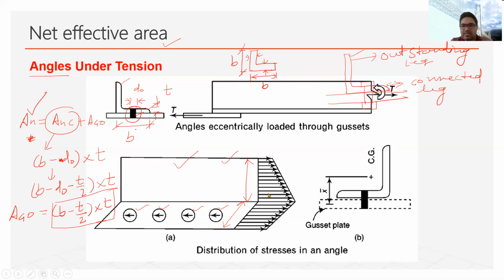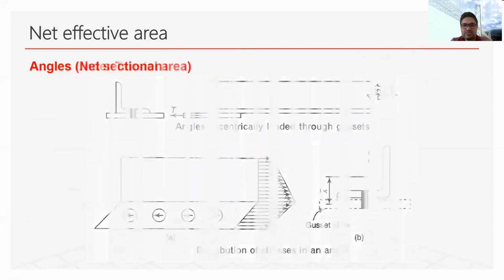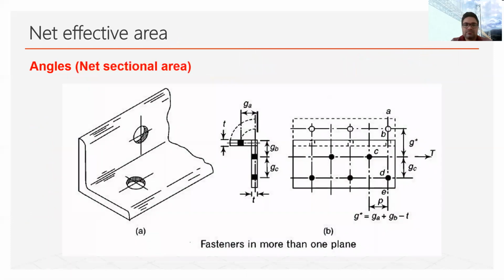Now, in the other case, if both legs of the angle are connected, how do we find out A net in that case? Here you can see, if both the angles are connected like this, I'm showing this again.